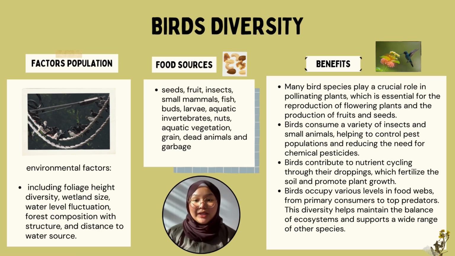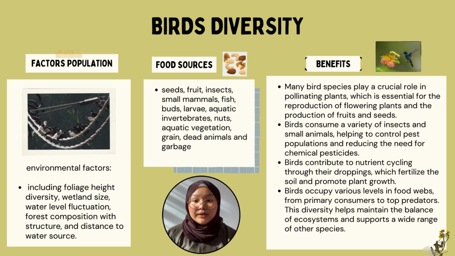Third is the benefit of bird diversity. Many bird species play a critical role in pollinating plants, which is essential for the reproduction of flowering plants and the production of fruits and seeds. Birds consume a variety of insects and small animals, helping to control pest populations and reducing the need for chemical pesticides.